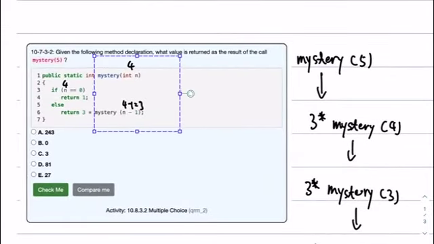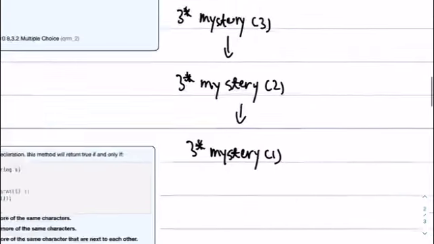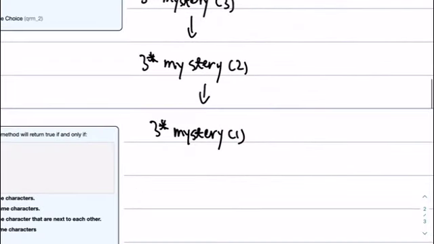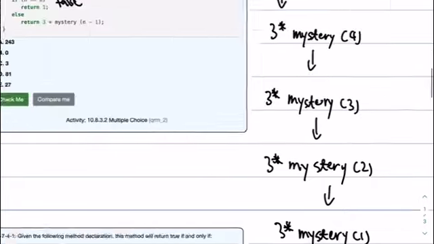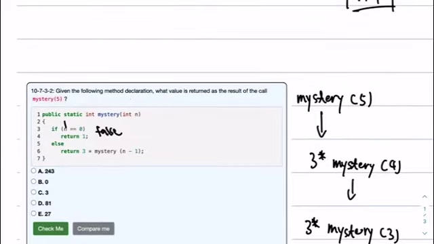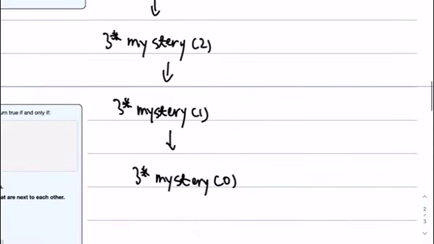And when n equals 1, that will still be false, and so it will equal 3 times mystery 0. And with n equating to 0, I will realize that n equal to 0 would be true, so 1 would be returned, and so this will be 1.